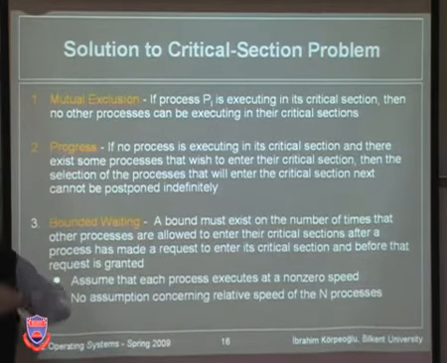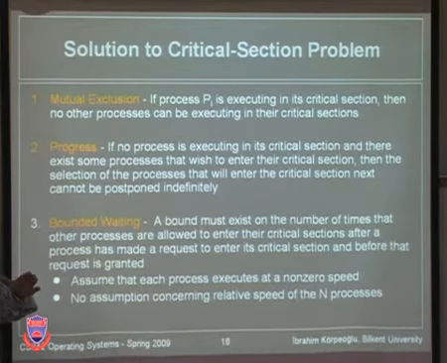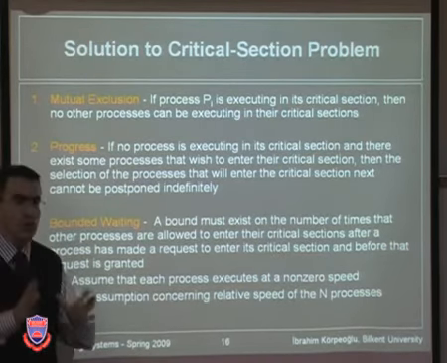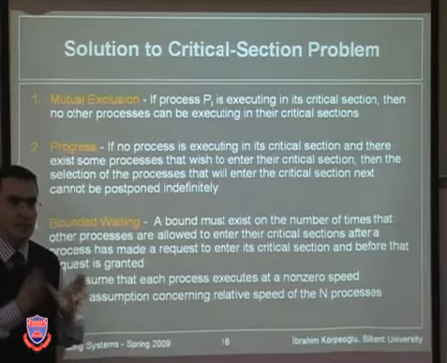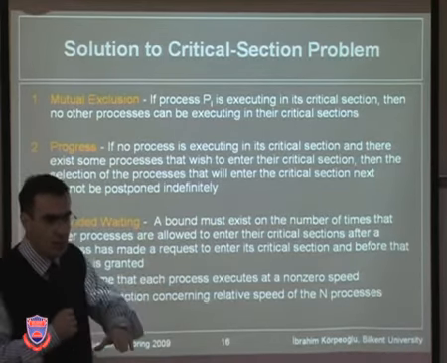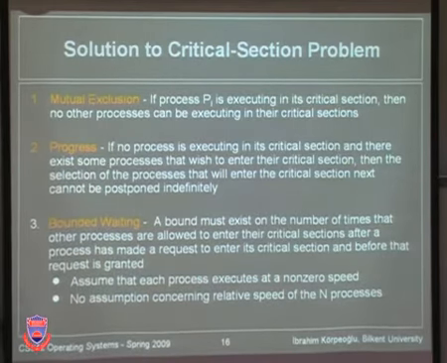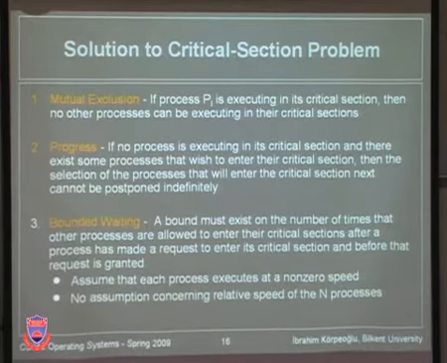In other words, if I am executing in my remainder section, I should not prevent another process from entering the critical section. I can only prevent it if I also want to execute the critical section code. If I am in the remainder section, with nothing to do with the shared variables, I should not prevent some process that would like to execute the critical section code.